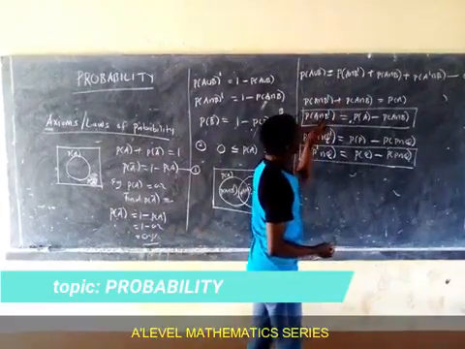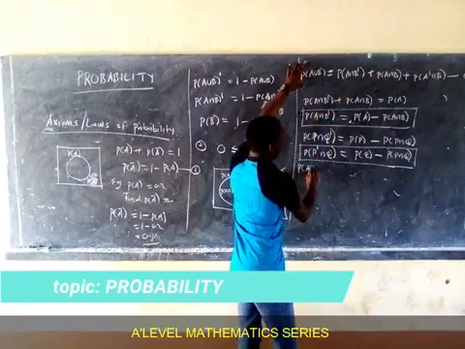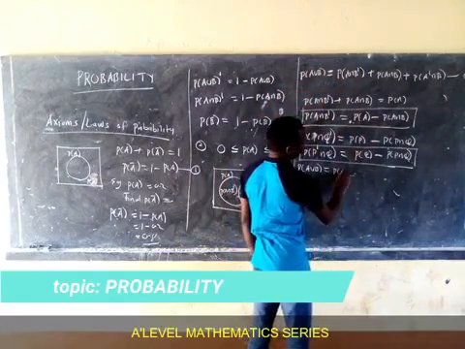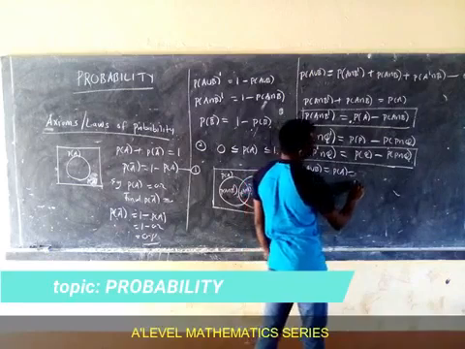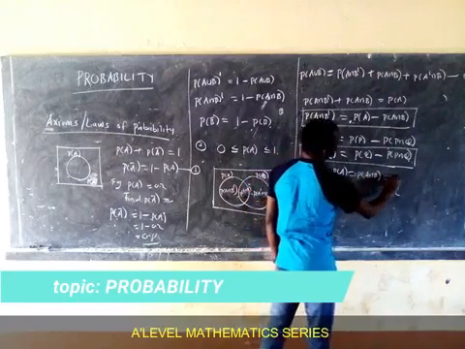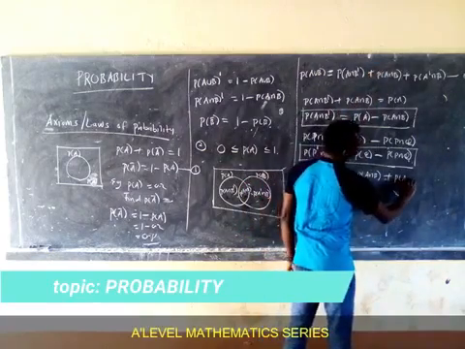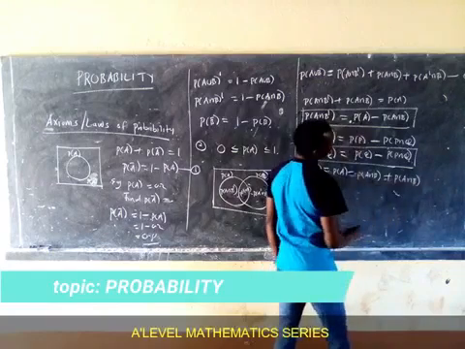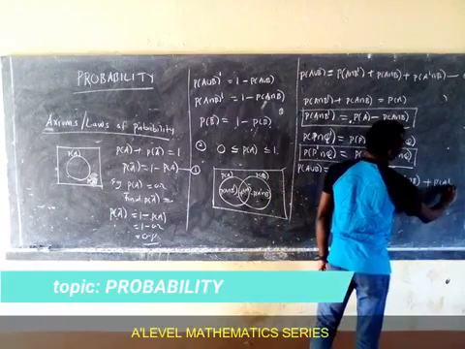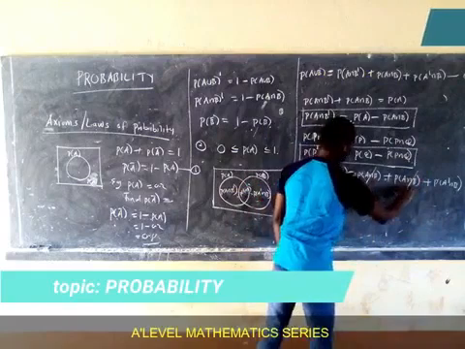If I replace this one here, it will give me the probability of A union B as the probability of A minus the probability of A intersection B, plus the probability of A intersection B, and then plus the probability of A complement intersection B. Of course, this one shall die with that one.